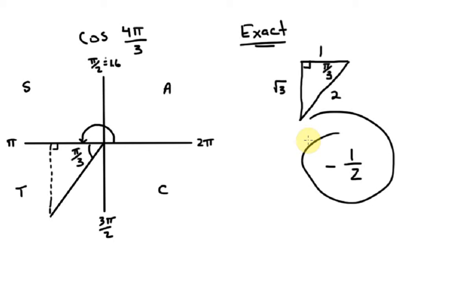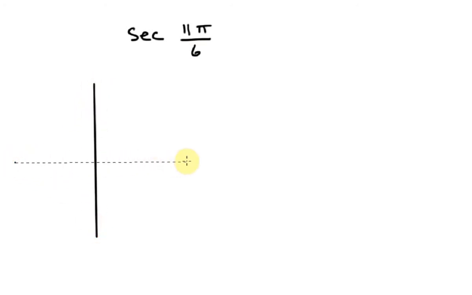All right, let's do another one of those because they are exciting and fun. Next one, we're going to try to find an exact value of the secant of 11 pi over 6. Let's go, oh man. All right, let's get a picture going here. Where's our terminal arm?